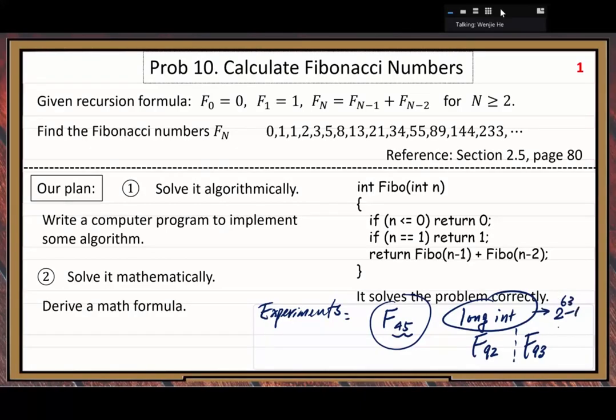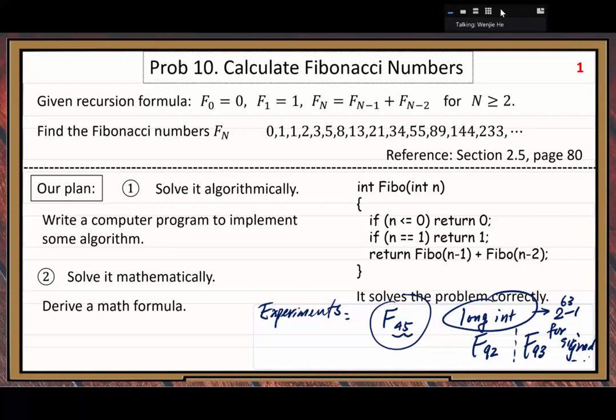Minus 1 for a signed number, you lose a bit to the sign. So for unsigned, 64 minus 1. Yeah, 1 bit larger.